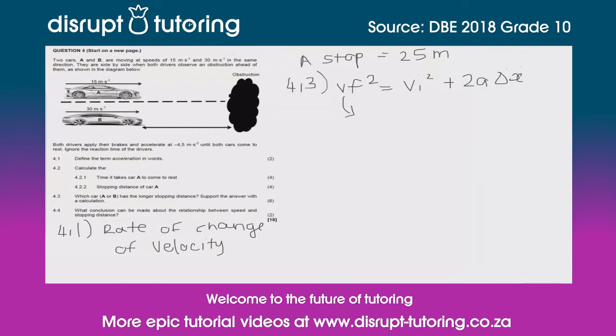So we know Vf for car B is 0 meters per second because it stops at rest. Vi is 30 meters per second. Sorry about that. And then they accelerate at the same rate, so a is minus 4.5. And in the same way, you can get your stopping distance to equal 100 meters.